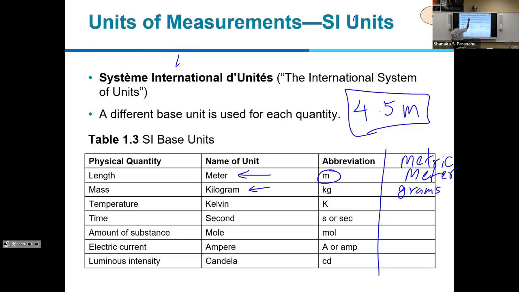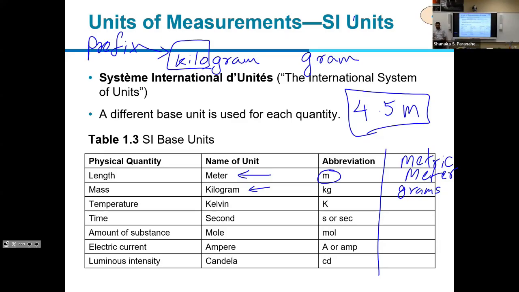The SI system is kilogram and the metric system is gram. The difference is the first word. That word is called a prefix. We can use these prefixes with any unit system.